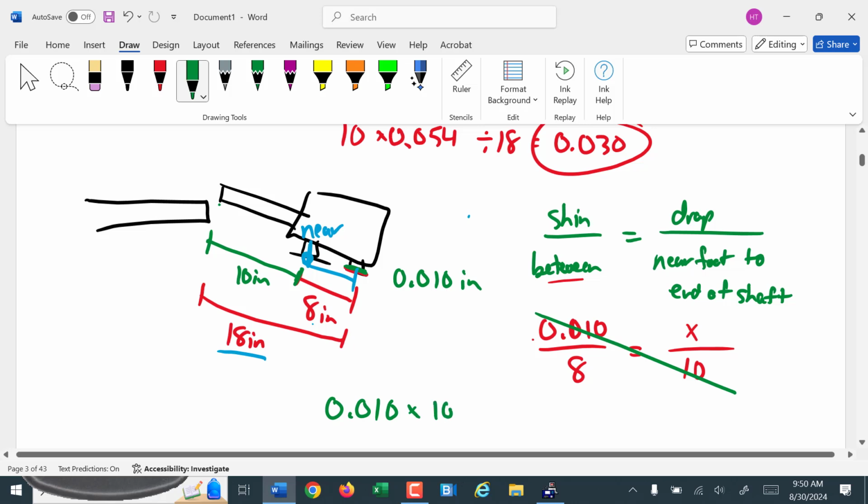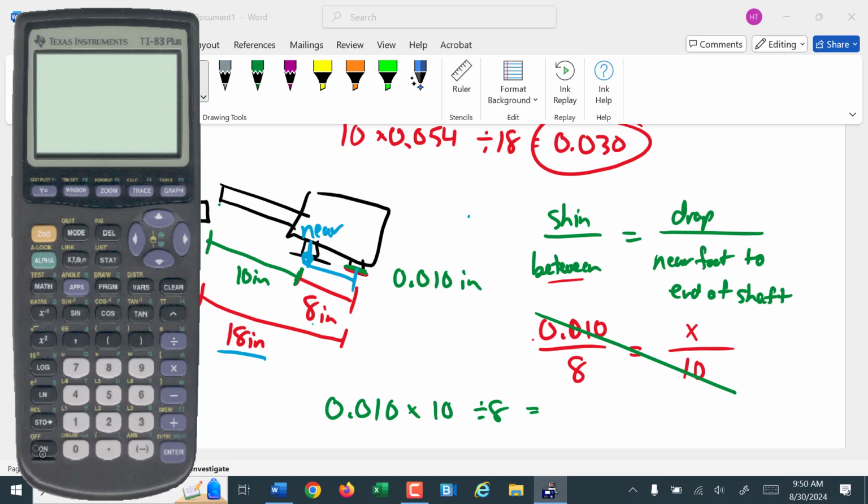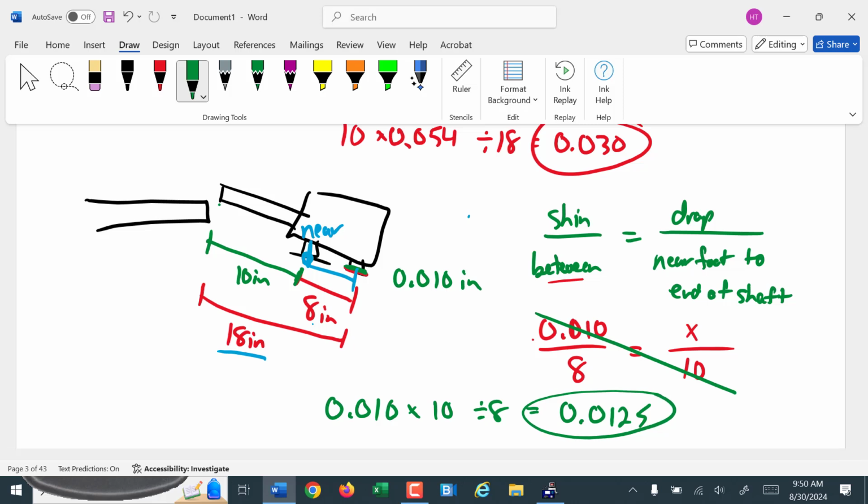Good. We don't know our drop. That's what we're going to find. What's our distance from the near foot to the end of shaft? 10. So we'll multiply there. Perfect. 0.01 times 10 divided by 8. Going to give us 0.0125.